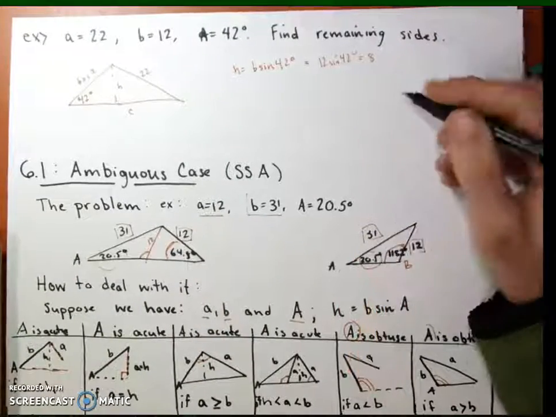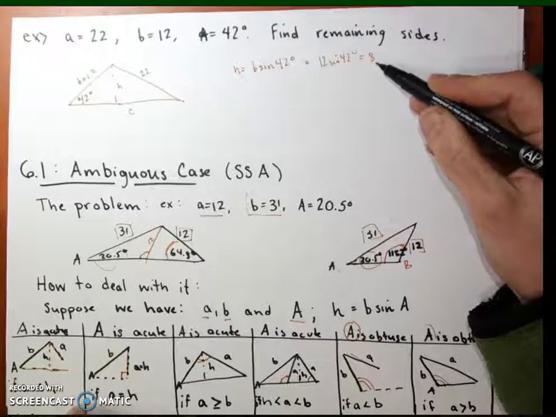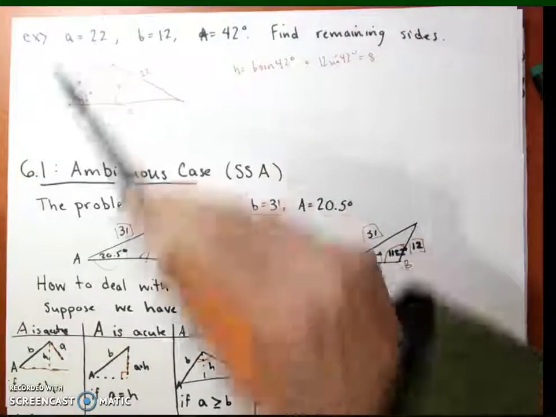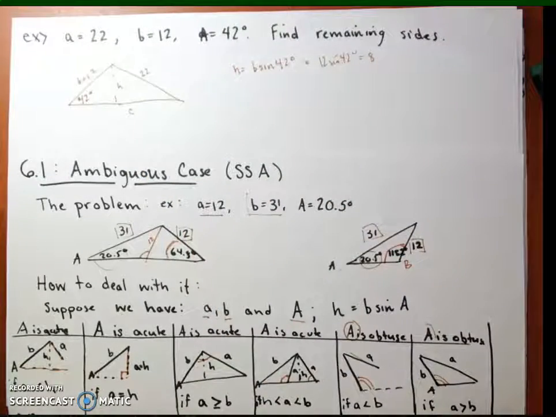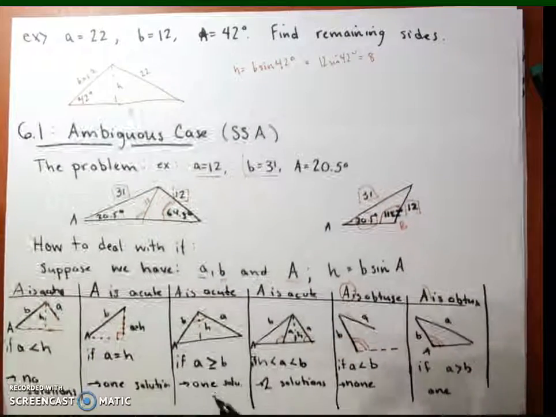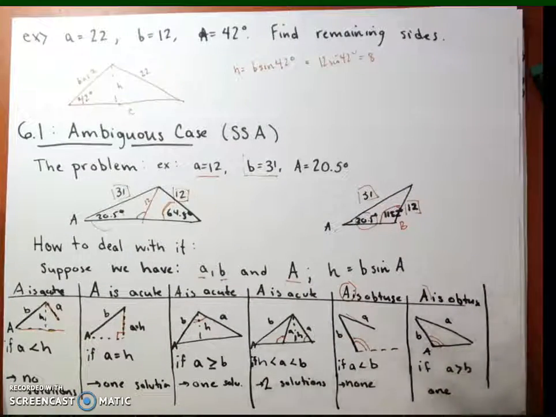So in this case, the height is smaller than a. So I definitely don't have no solutions. It's not equal to a, so I don't have the right angle solution. a is bigger than b, so I'm in this category, where I should have only one solution.